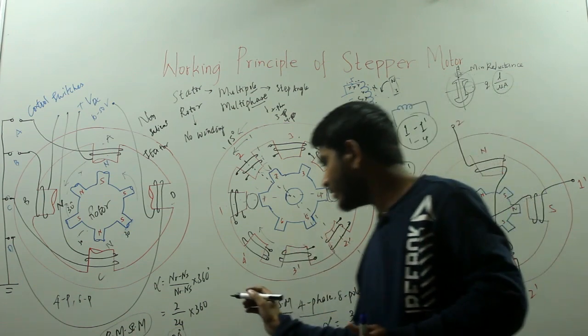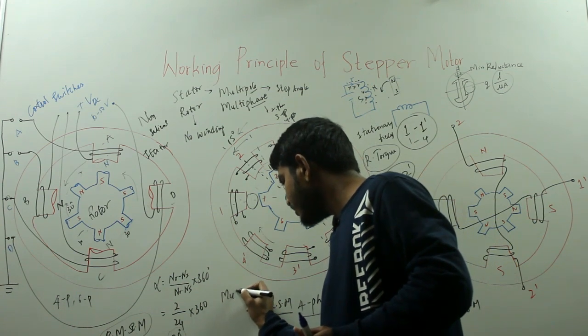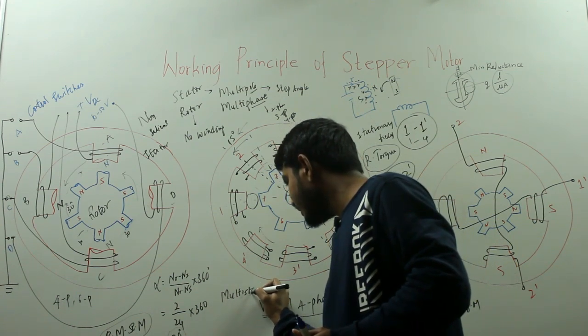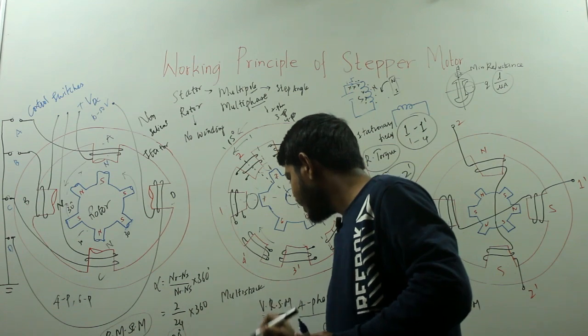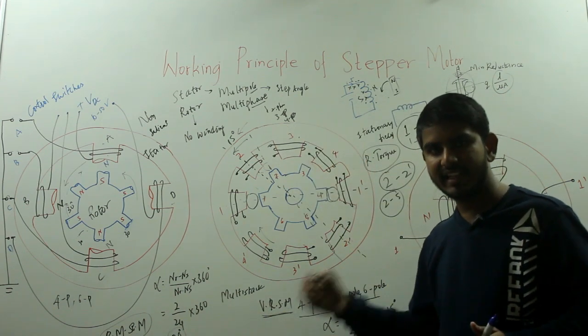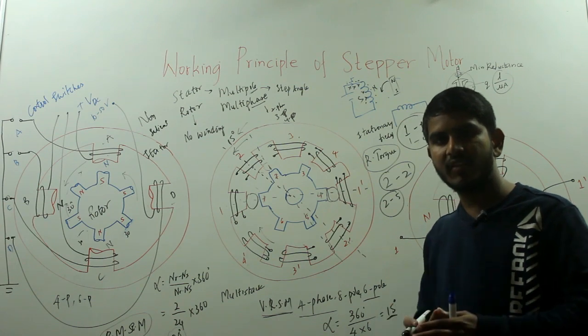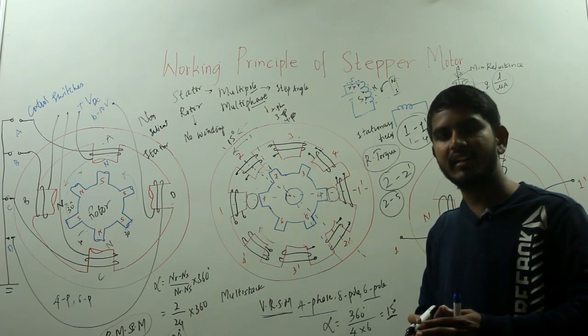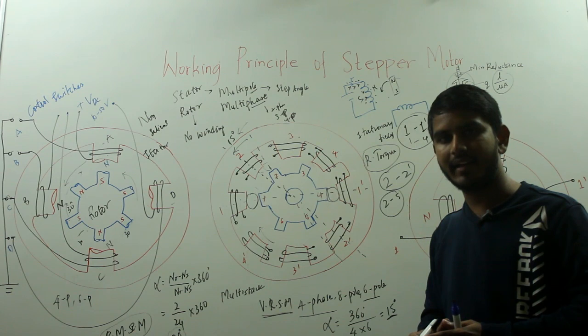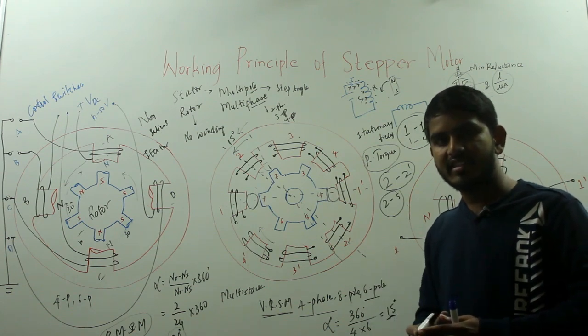Now there is another term here, we call it the multi-stack variable reluctance stepper motor. The definition of stack is that the motor is divided into several magnetically isolated sections, known as stacks, through its axial length.